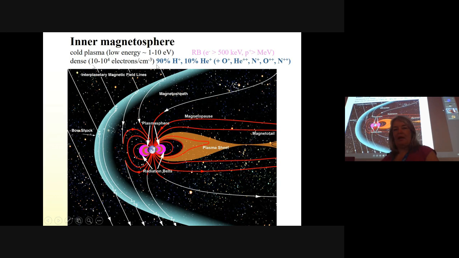It is mainly composed of protons, 90%, 10% of helium ions, plus traces of other ions from oxygen, nitrogen, and alpha particles. And you can see that there are also the radiation belts that overlap the plasmasphere.